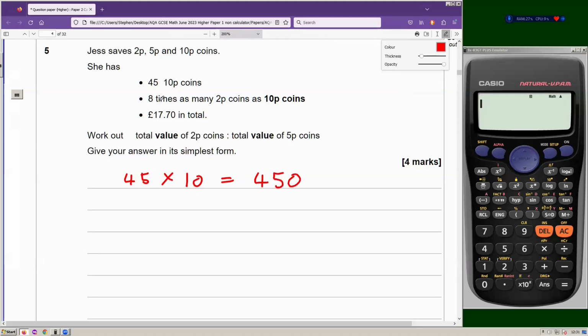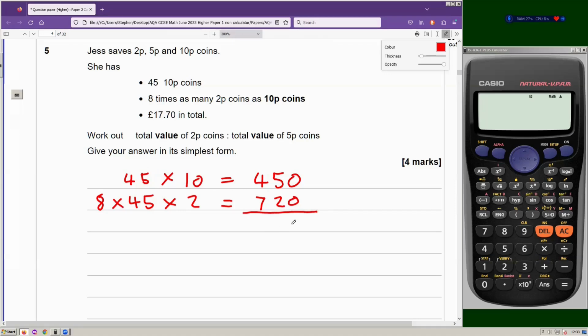Okay. 8 times as many 2p coins as 10p coins. So we've got 8 times 45 times 2 for the 2p equals, what's 2 45s are 90. 9 8s are 72, so it's going to be 720.